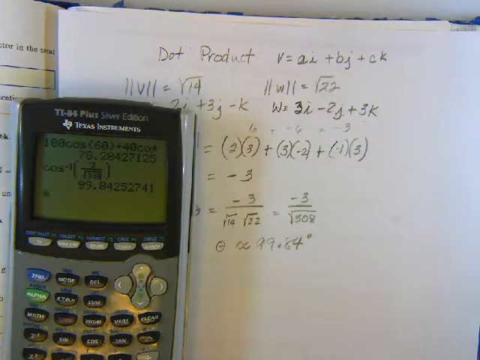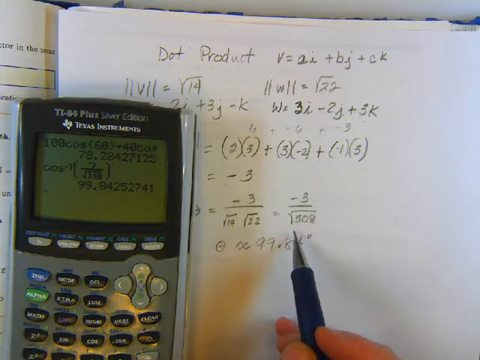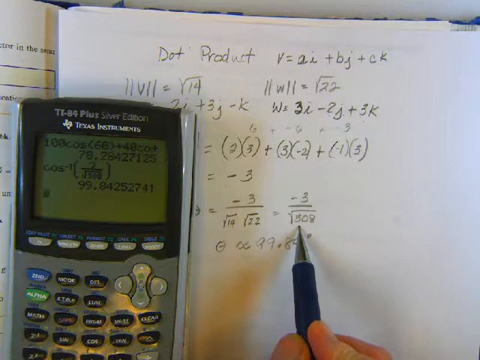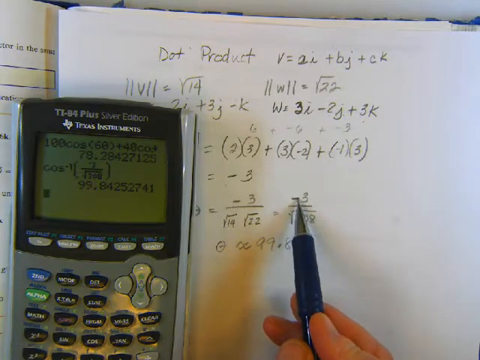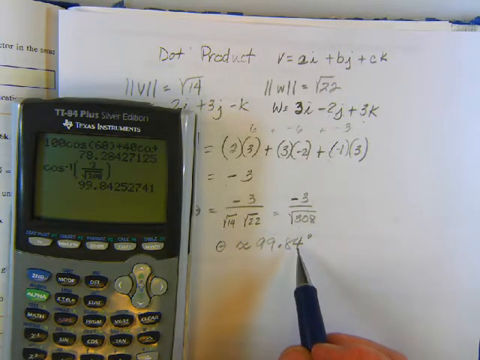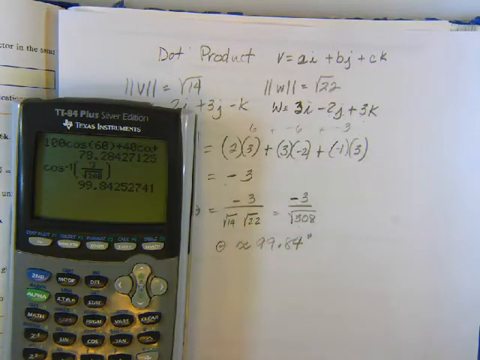Now that procedure is not really any different than what we did when we just had two. Got a question? Okay, did you make sure you put your negative in? If you don't have your negative in there, guys, it will throw your answer off.